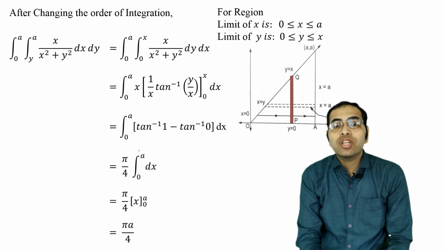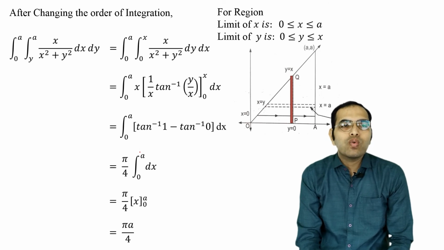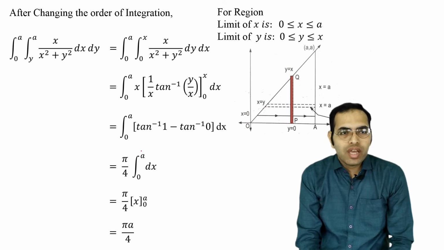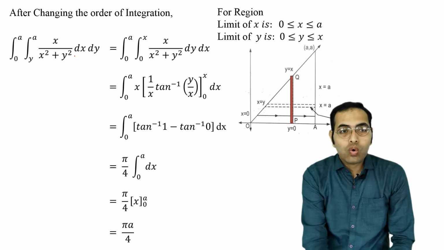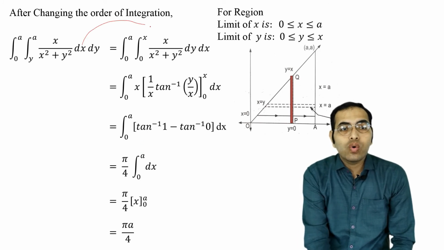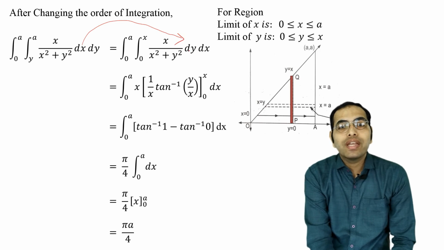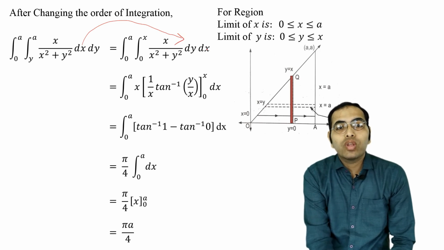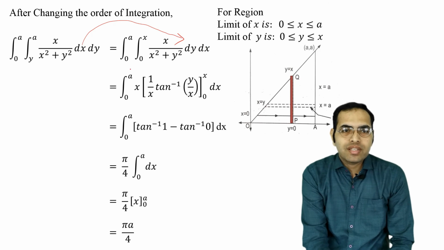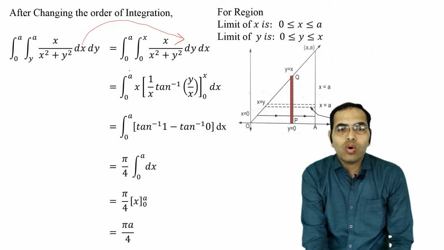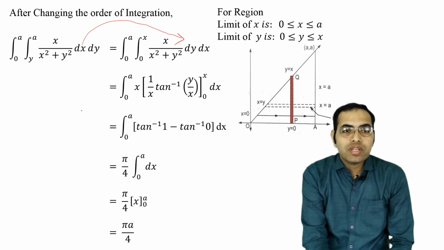After changing the order of integration, we have the integral from 0 to a, of the integral from y equal to 0 to x, of x by x square plus y square, dy dx, interchanging dx dy to dy dx. Now here x is constant, so the constant comes outside.